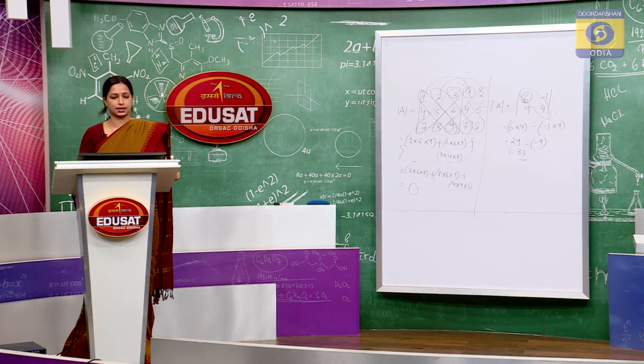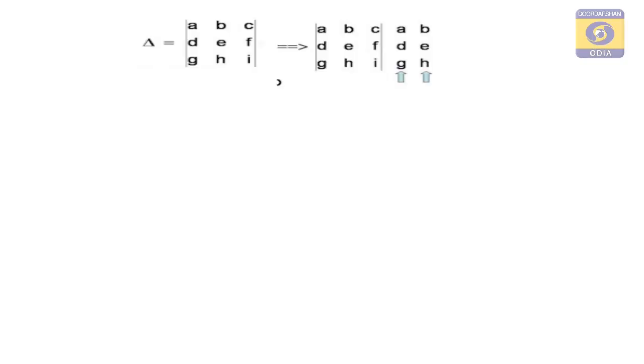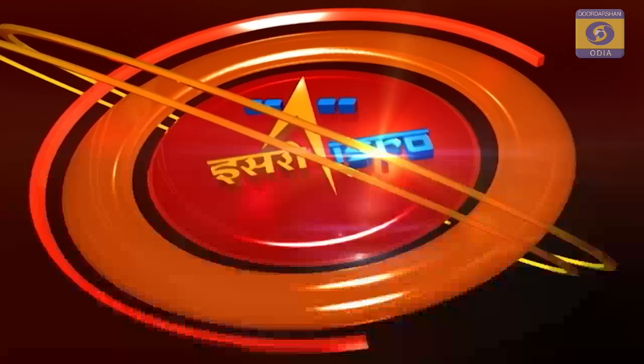Then what do we do next? We take the product of the diagonals starting from top to bottom and then bottom to top, right. It is well illustrated in the slide, as you can see, right. Then we take the difference of both the products. So, this is how we find out the determinant value using the Sarrus expansion method.